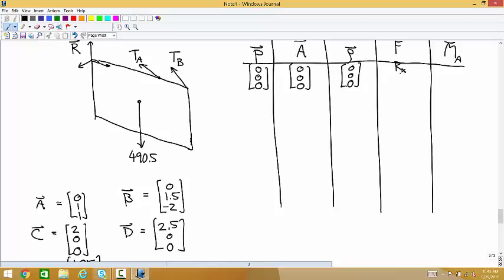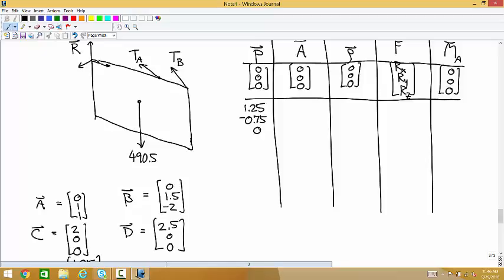Force vector is Rx, Ry, Rz. Take that cross product and you get 0 for the moment. The weight force acts at the location 1.25, negative 0.75, 0.